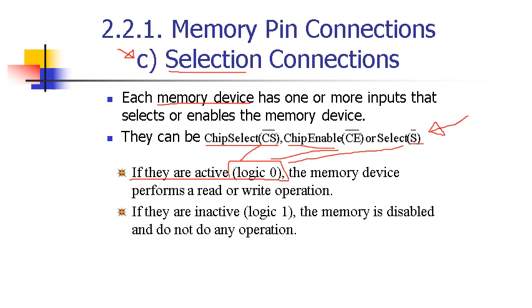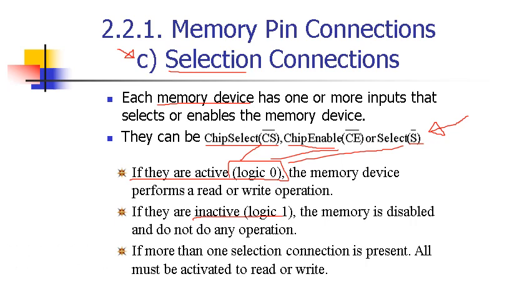And if you provide a 1, this means you're not going to communicate with this specific memory chip, because in most of the cases you connect more than one memory chip to your microprocessor, and this chip select connection enables you to communicate with the microprocessor through one chip at a time by selecting this specific chip. All right.